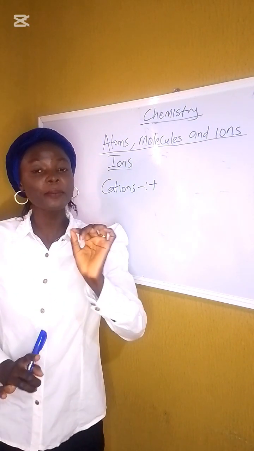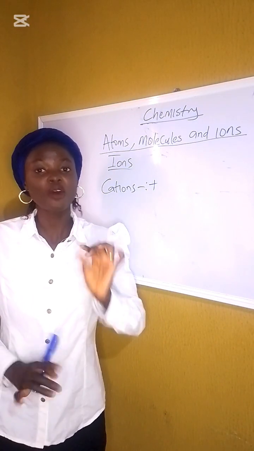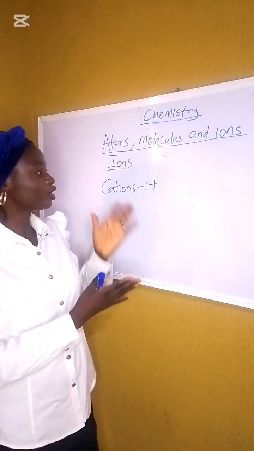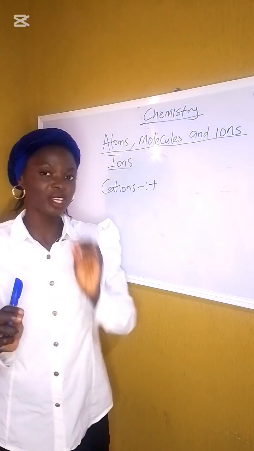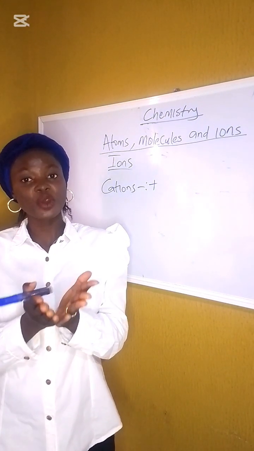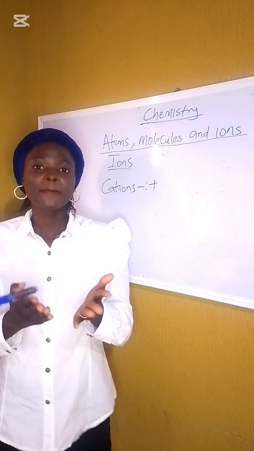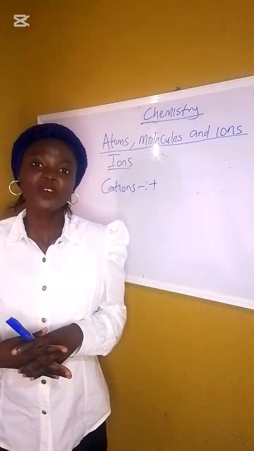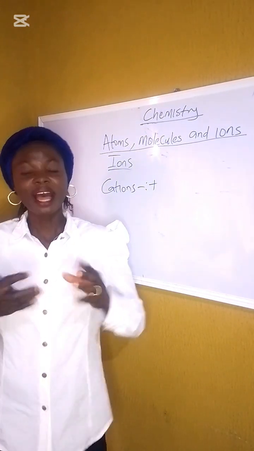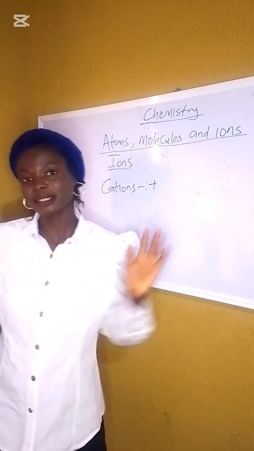And it is only metals that undergo loss of electrons. Don't forget those three things. Putting these key points together, cations are positive ions that are formed by loss of electrons, and electrons can be lost by metals.